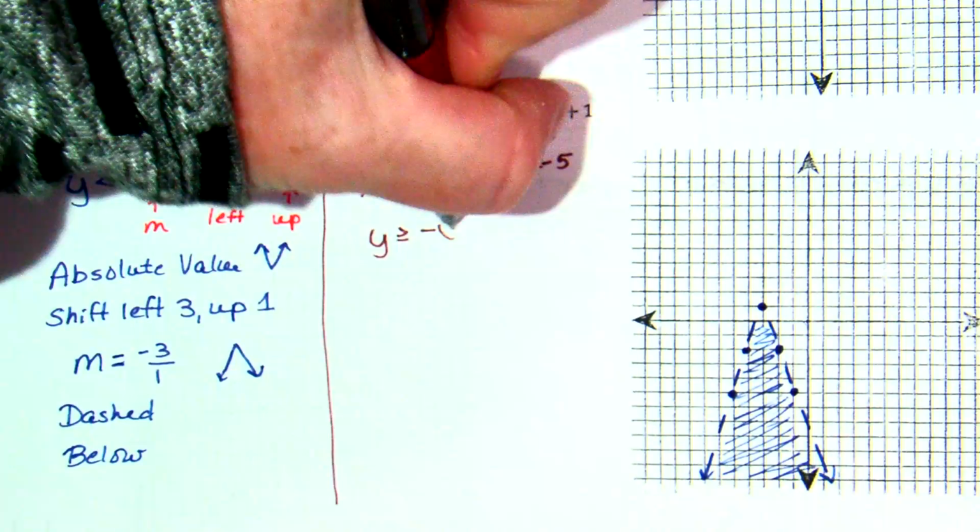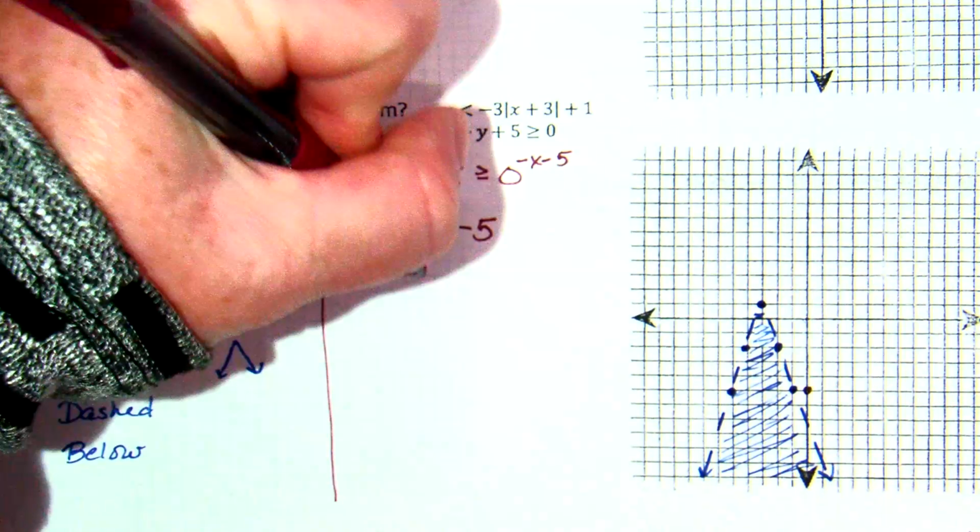So, 1, 2, 3, 4, down 5. Then what's this slope look like? Down 1, right 1? Do you know what a negative slope is going to look like?